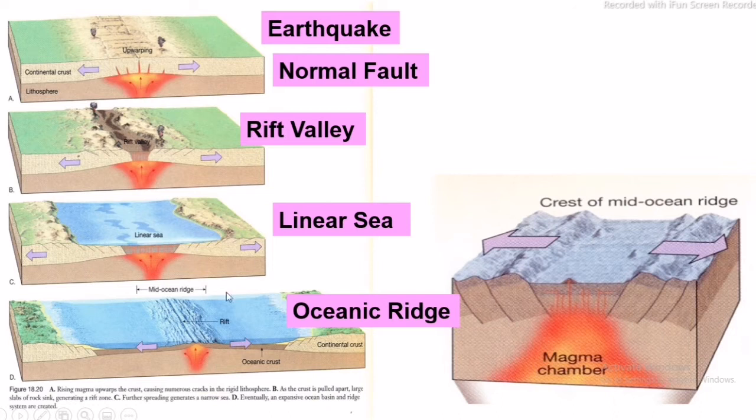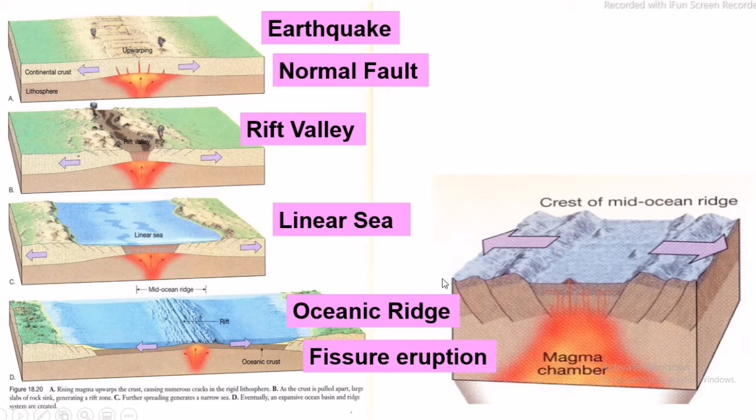Then under the sea or underwater, divergence continues. There will be rising of magma, and then cracks will be produced, and then there will be fissure eruption. So on those cracks, on the oceanic crust, magma will flow out, so there will be lava.